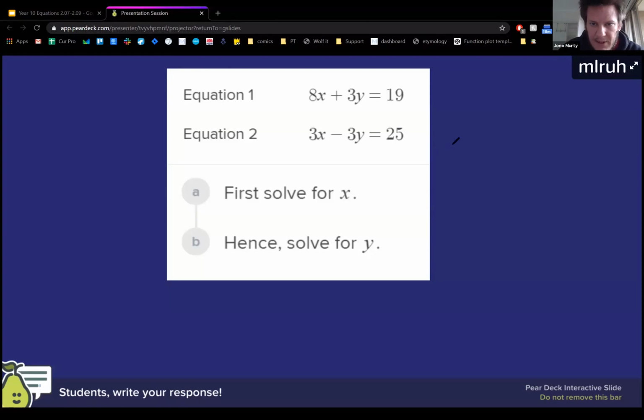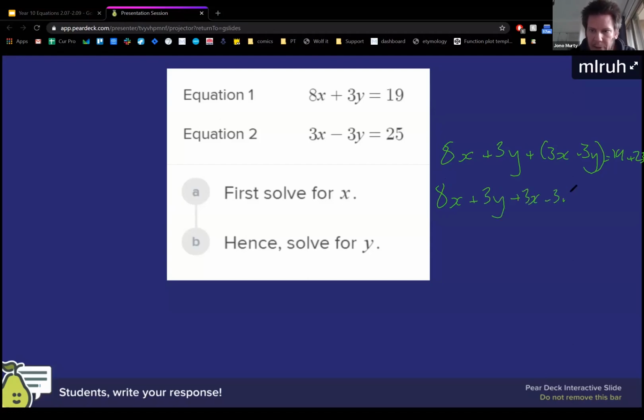If I add these two things together, 8x plus 3y plus 3x minus 3y, that must equal the two constant terms, 19 plus 25. I'm running out of room there. Let's just quickly tidy this up. 8x plus 3y plus 3x minus 3y equals 19 plus 25 is 44.